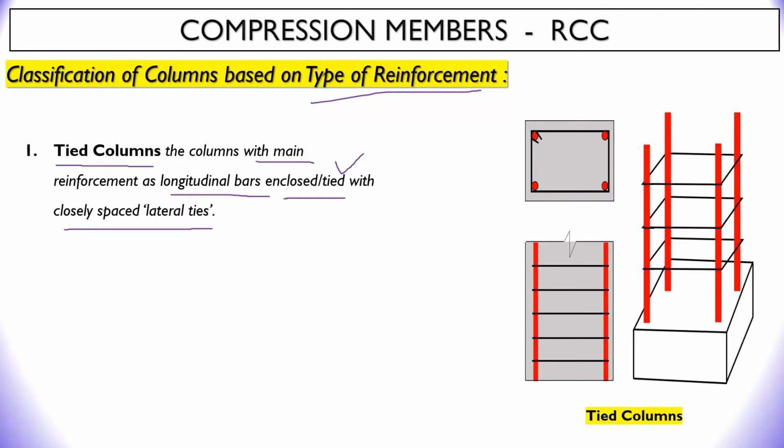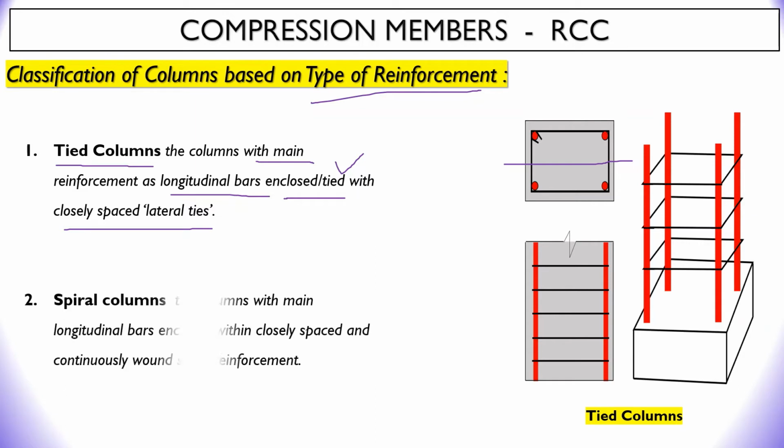And if you take any section, this will be the sectional diagram of the column, and these red color bars will be seen as vertical bars, known as longitudinal bars, and the black color wires which you can easily see here are the lateral ties.